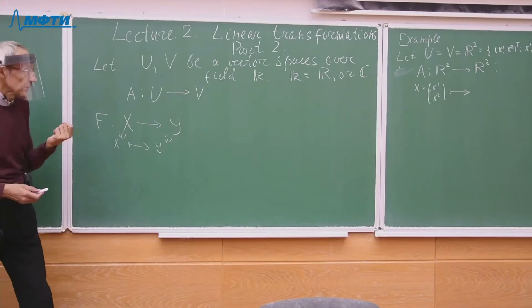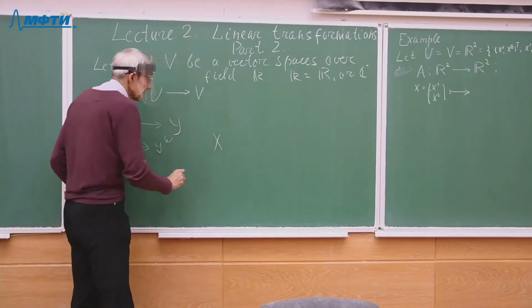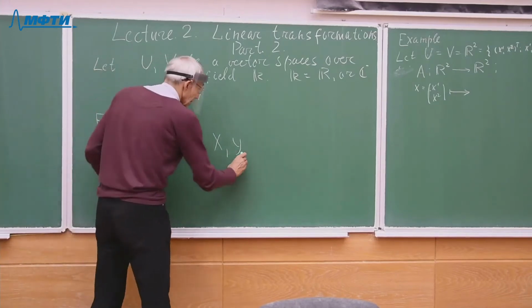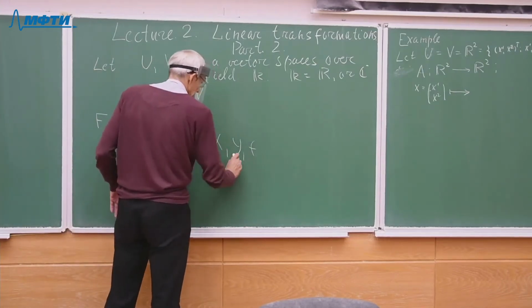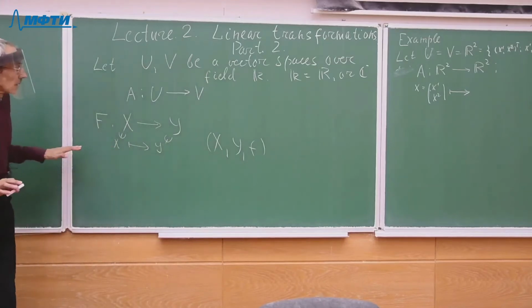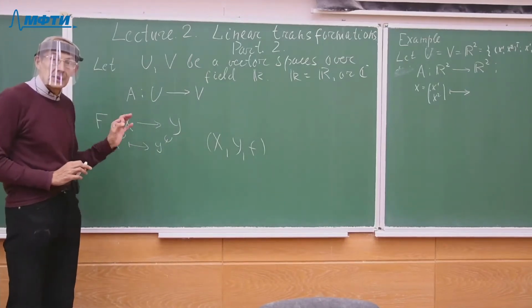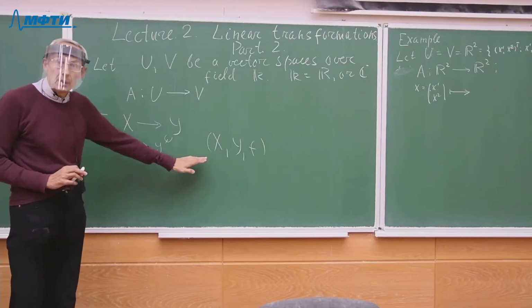A mapping is a triple: X domain, Y codomain, and mapping F. It's an arbitrary mapping. Linear transformation is a partial case of such a mapping.